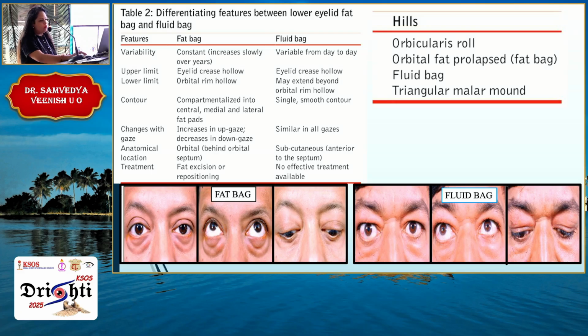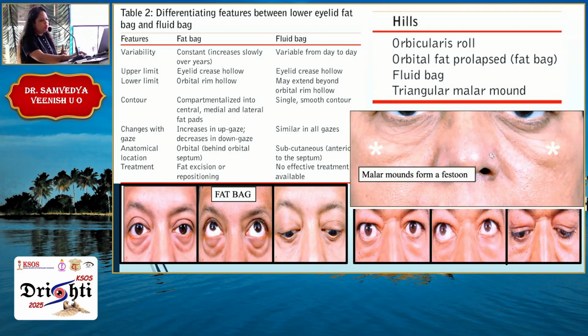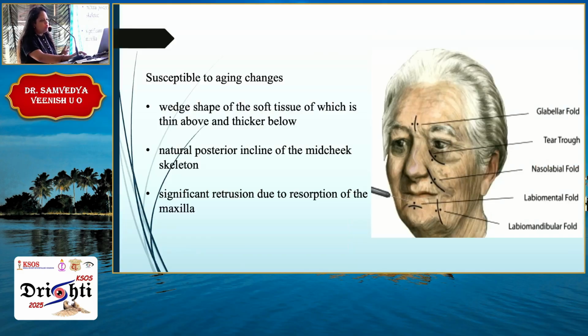As you can see in the picture, the fat bag disappears on looking down and is more prominent while looking up, whereas the fluid bag almost remains the same. The malar mound almost forms a festoon as you age. These changes are basically because of the soft tissue thickness difference, which is thin above and thicker below, the natural posterior incline of the mid-cheek, and significant retrusion due to resorption of the maxilla.